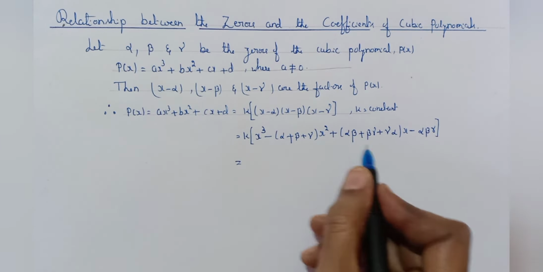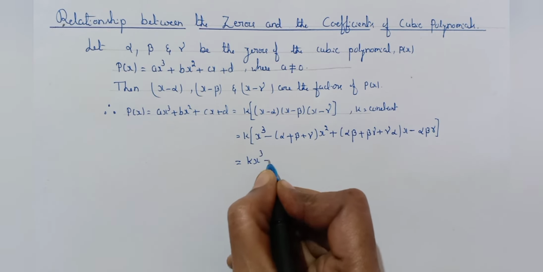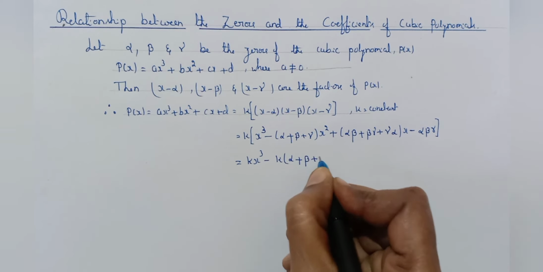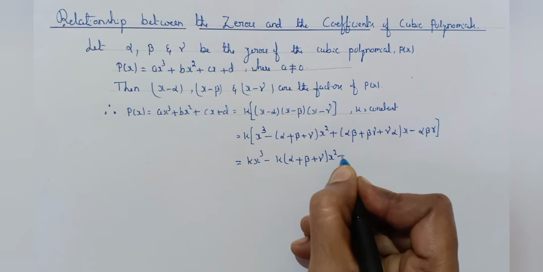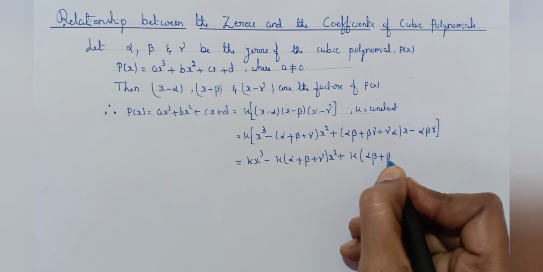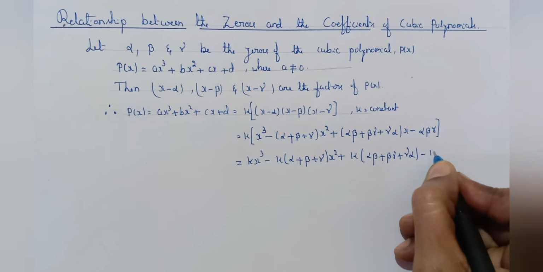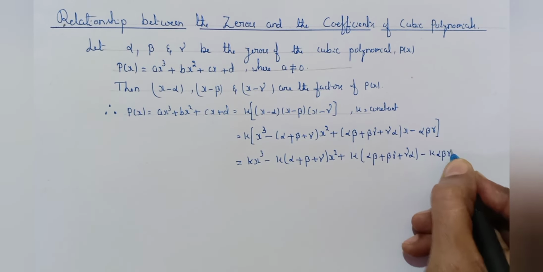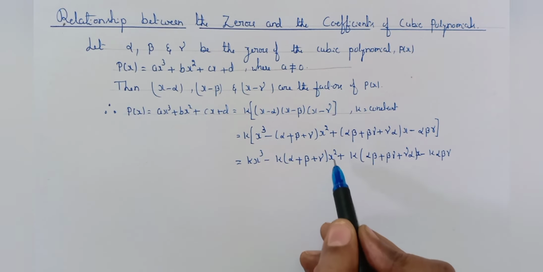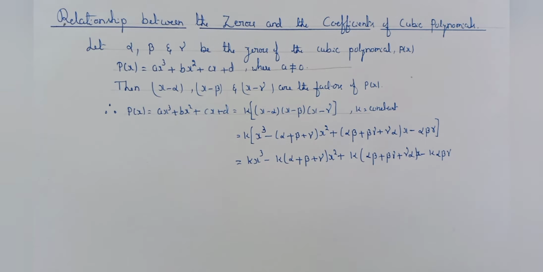Next, multiply each term by k: kx³ minus k(alpha plus beta plus gamma)x² plus k(alpha beta plus beta gamma plus gamma alpha)x minus k alpha beta gamma. Now, compare the coefficients of x³, x², x and the constant on both sides.